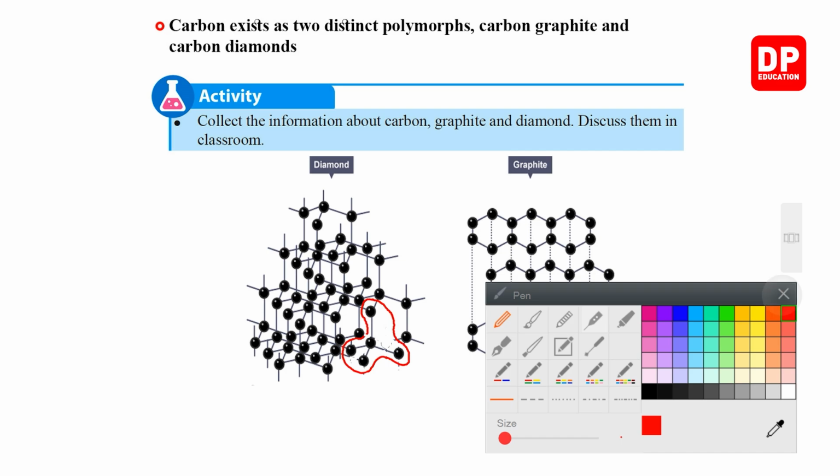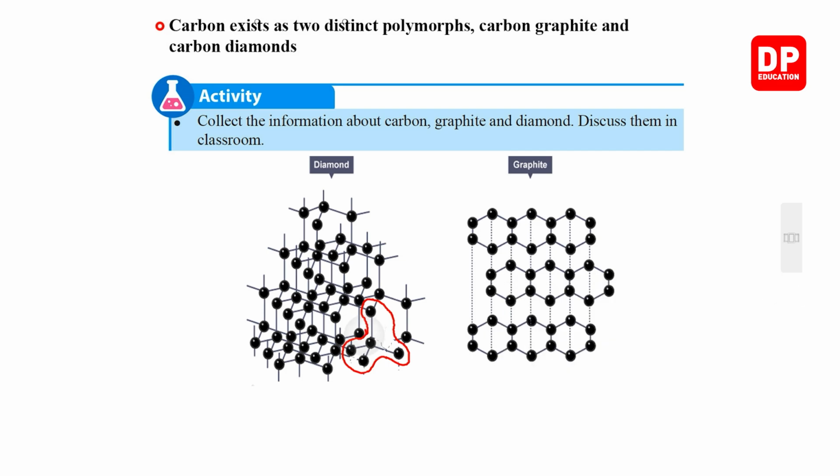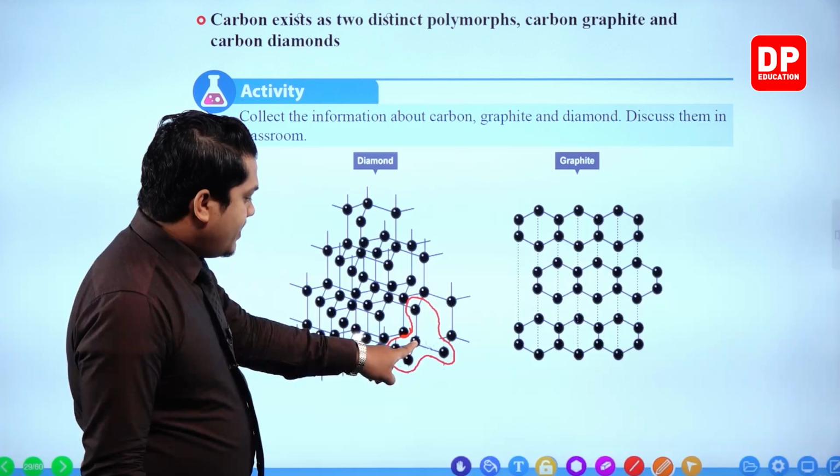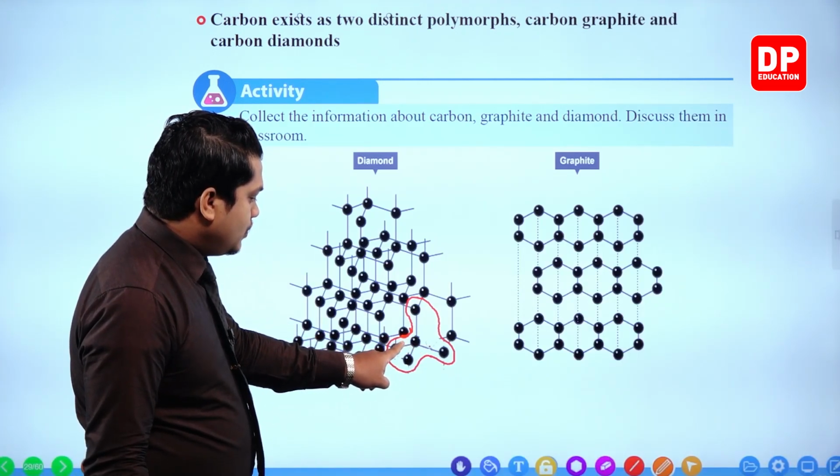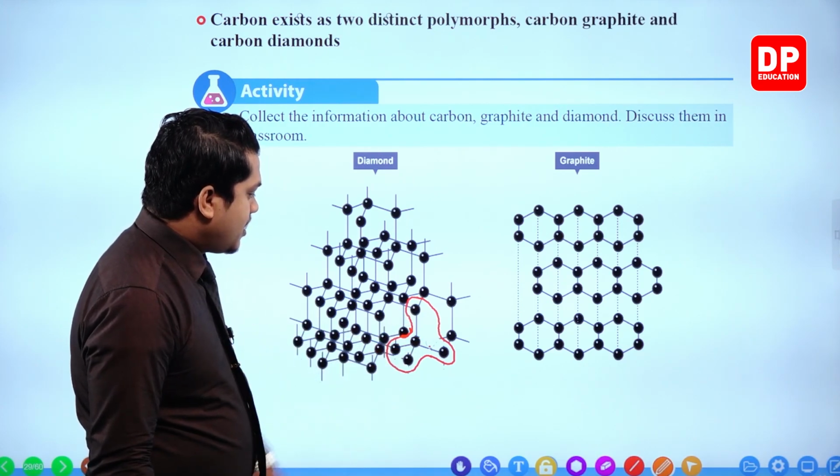Now I think you can observe it very clearly. See this particular area which I have colored with red. Can you see that? This one carbon atom is going to bond with 1, 2, 3, 4 nearby carbon atoms.